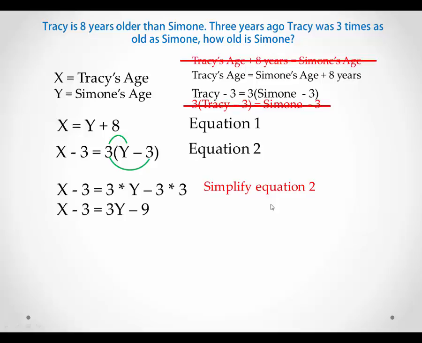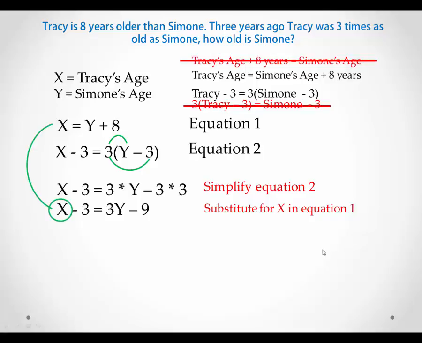From this point, we could have done it in one of two ways. We could have grouped the like terms, the 3 and the 9, together and then plugged in the x, or we can plug in the x and then further simplify the equation so that we have it in terms of y. What we will do in this case is substitute for x in equation 2 using equation 1.